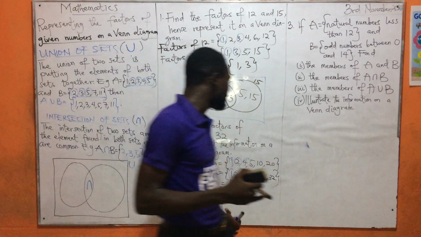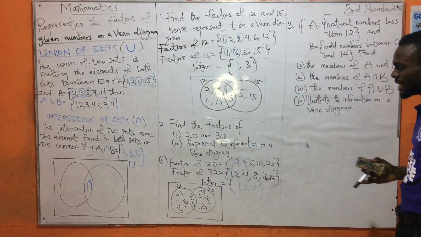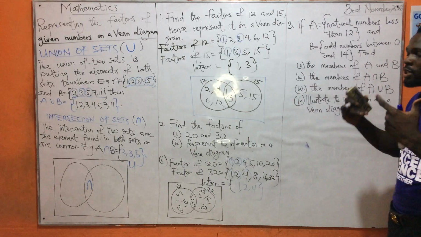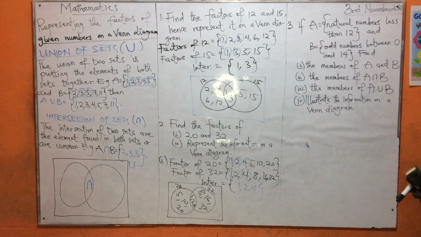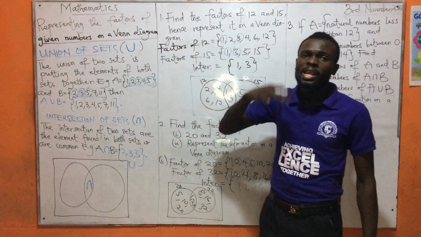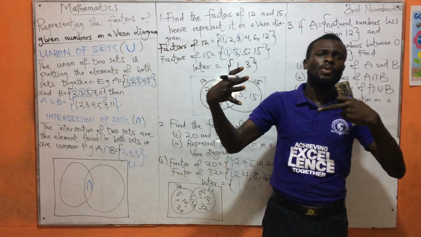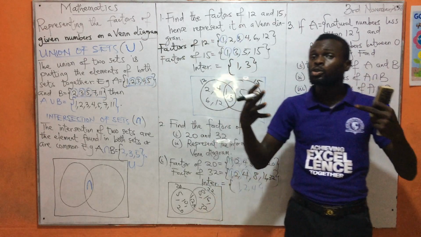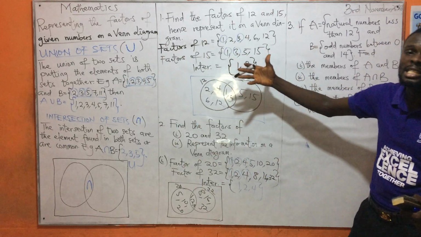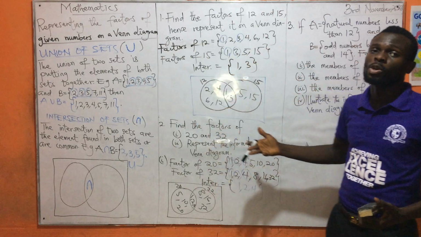So we've been able to represent it on a Venn diagram, and that is what has been asked from us. Good. Now, based on the union and intersection, when it comes to rational numbers, we can look at the relationship and how to represent them on a Venn diagram, just like that of the factors of the number.